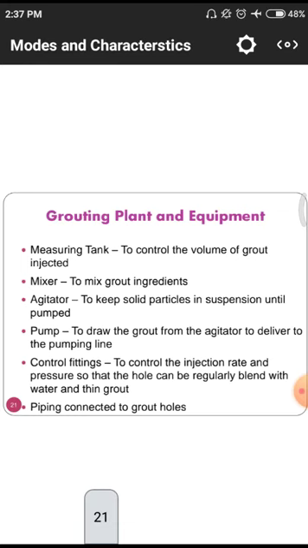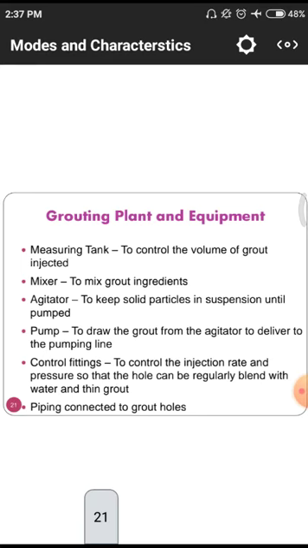Next one is the pump. Normally it is used to draw the grout from the agitator and deliver it to the pumping line. In our households we utilize pumps to draw water from ground level to the top surface. Below the ground level we have groundwater content, and we simply extract that groundwater with the help of these pumps.